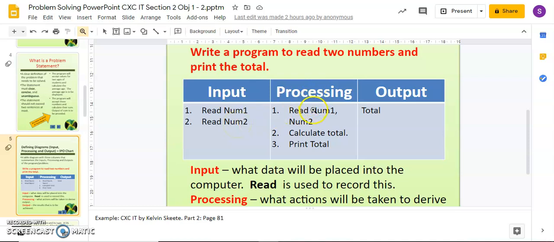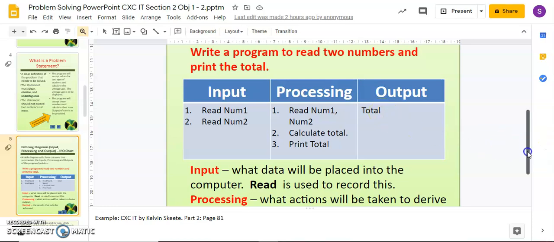After which we'll have the processing, where we will actually be writing back what we input. So we're telling the computer to read num1 and read num2. After which we tell the computer to calculate the total, and then it will print the total, which is then our output.